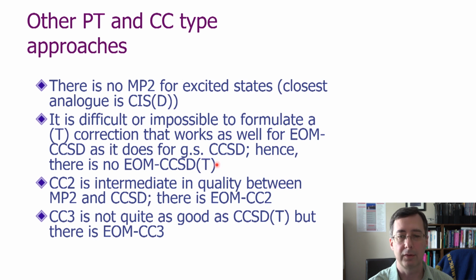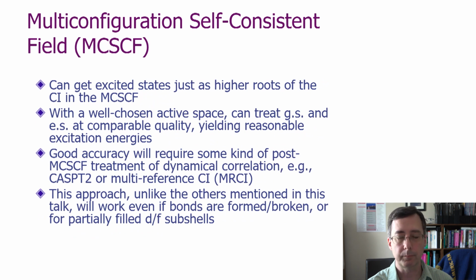Some attempts to do this have been published in the literature. There is something called CC2, which is kind of intermediate in quality between MP2 and CCSD, and you can do excited state versions of that, so that's an option. Similarly, there's a more exact version called CC3, which is not quite CCSD(T), but it also has an excited state version, EOM-CC3, which is good to know about.